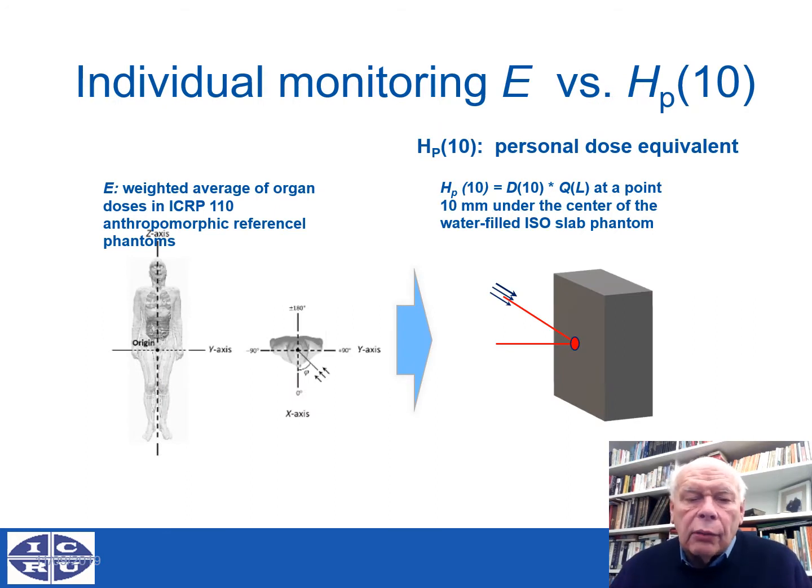So how does that compare? In the case of individual monitoring, we have the effective dose calculated the way I explained. In the case of the personal dose equivalent, one uses a very simple phantom, that is really a slab phantom, and one calculates in the anthropomorphic phantom the effective dose, and in the slab phantom the personal dose equivalent.